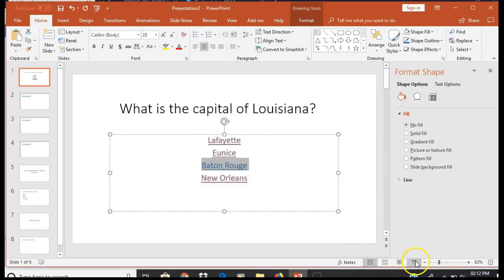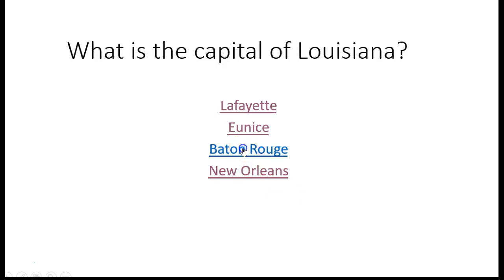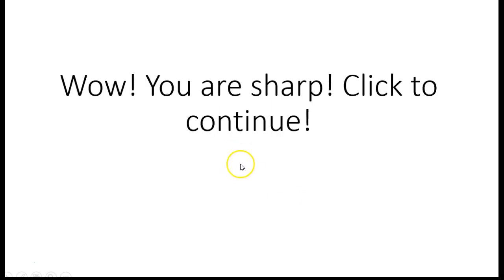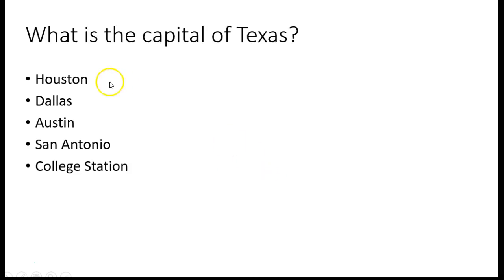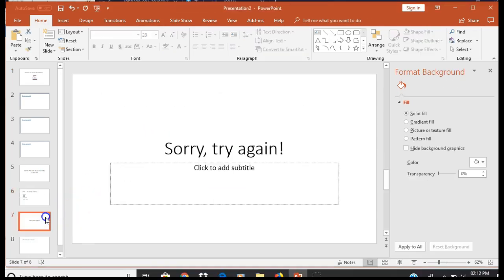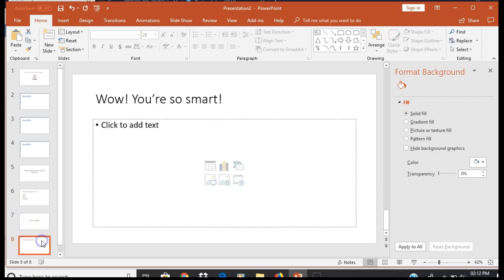And let's try how it will work. We will click on this, and you will click to continue, and then you will have another set of questions, and we need to have another "sorry" slide and another one for the capital of Texas, another "sorry" slide, and another "you're sharp" or "you're so smart."